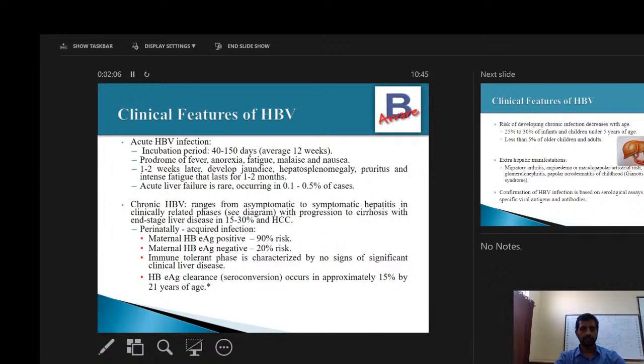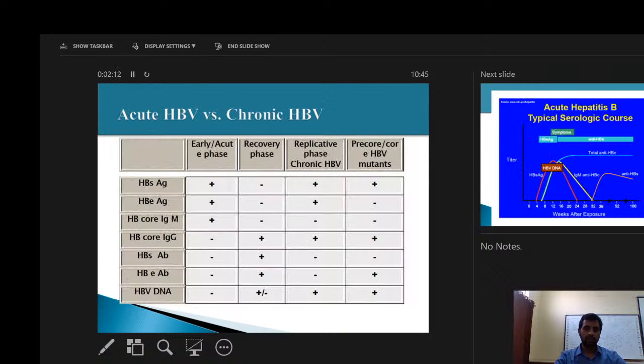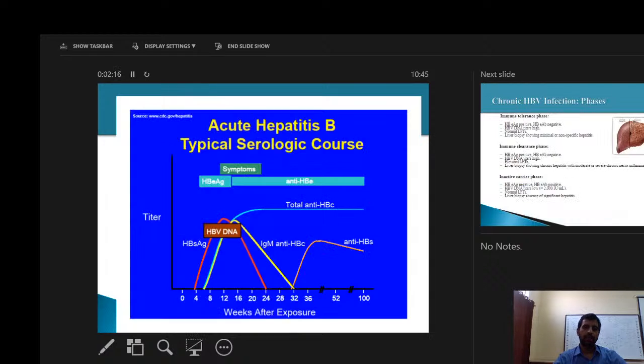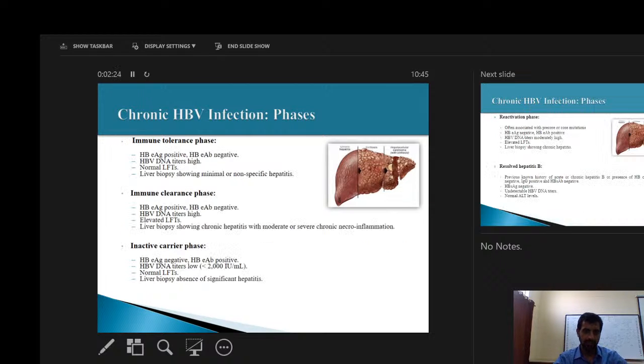So we have covered the clinical features of hepatitis B, natural history, like the different phases. We'll be talking about it again, acute and chronic hepatitis B serology and the serological course. So we came up till here, the chronic hepatitis B, different phases. I'll be brushing up the phases of chronic hepatitis B infection again.